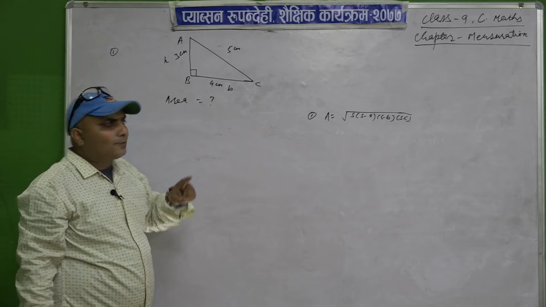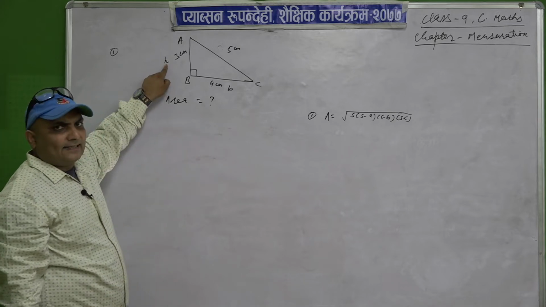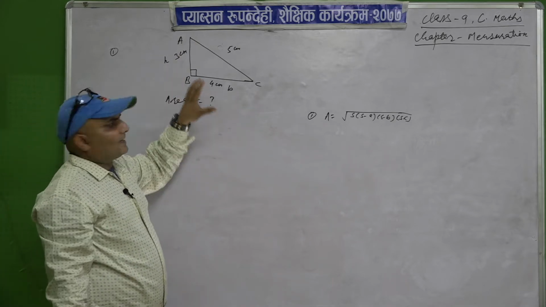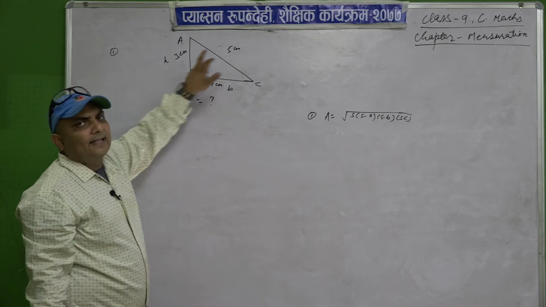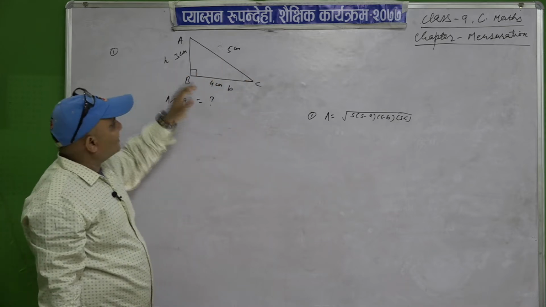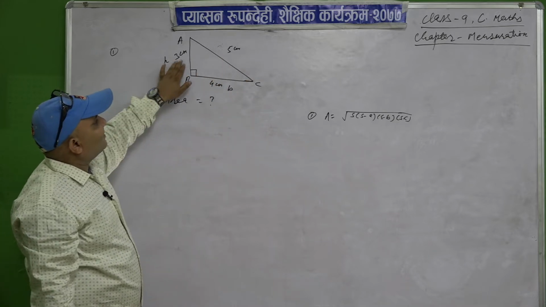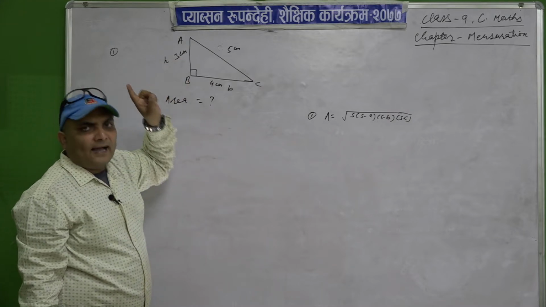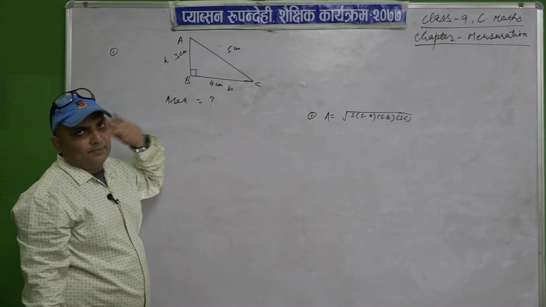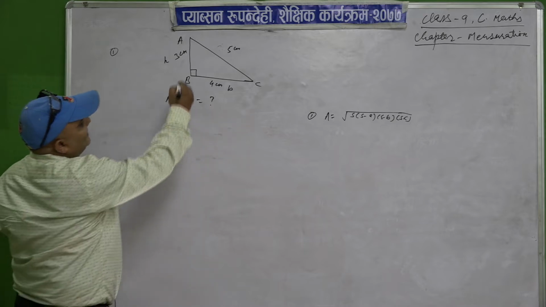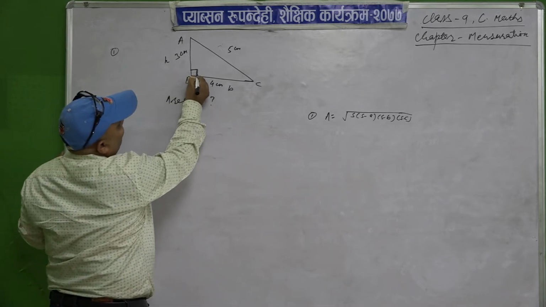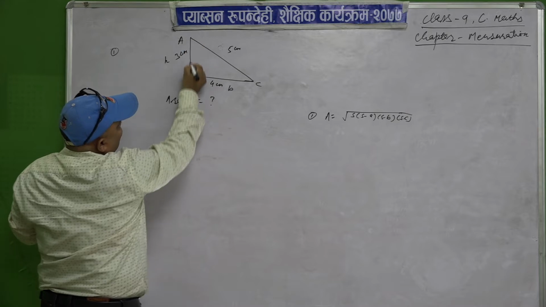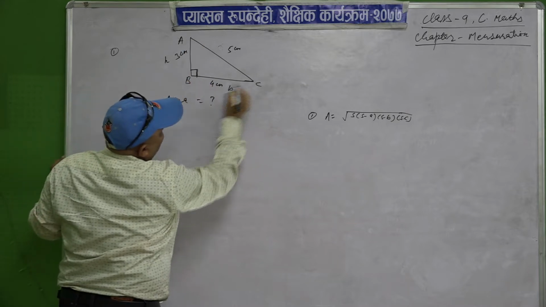You must be careful about that H. When we discuss perpendicular, base and hypotenuse, then H is the hypotenuse. But on the basis of height and base, H is height and B is base. So in this figure, if this line is perpendicular, then according to the definition of height and base, this line will be height and this line will be base.